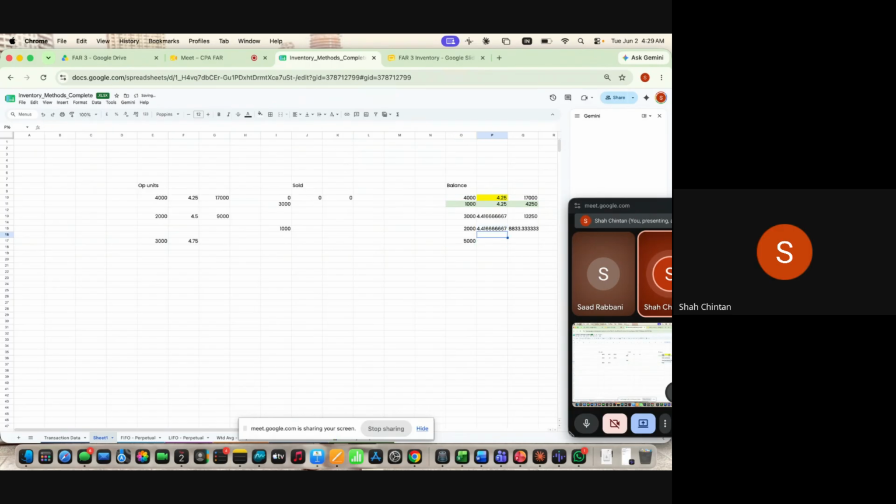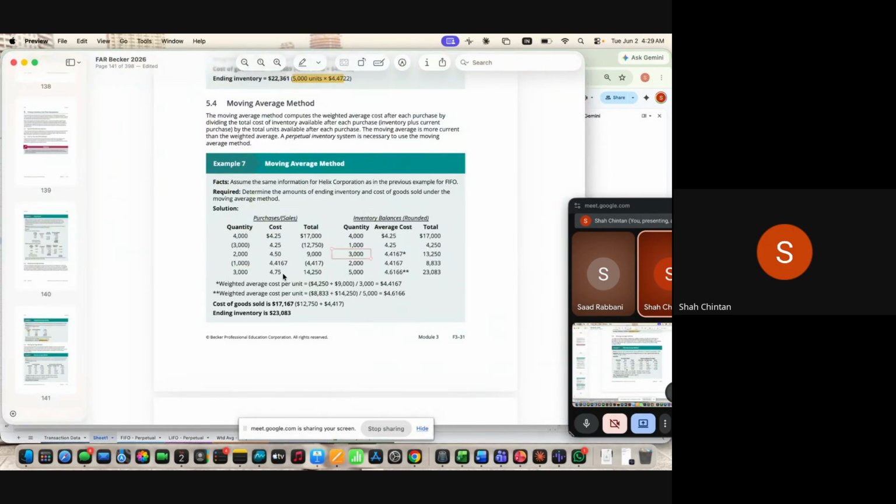Calculate and tell me what is my weighted average cost. 4.617. Perfect. How did 4.617 come?